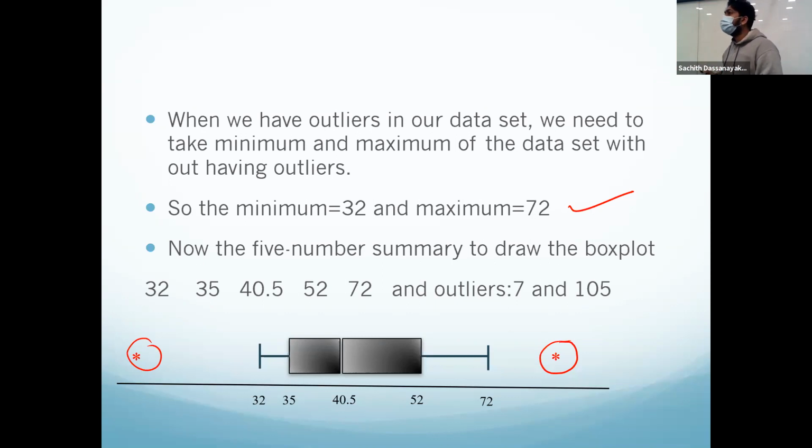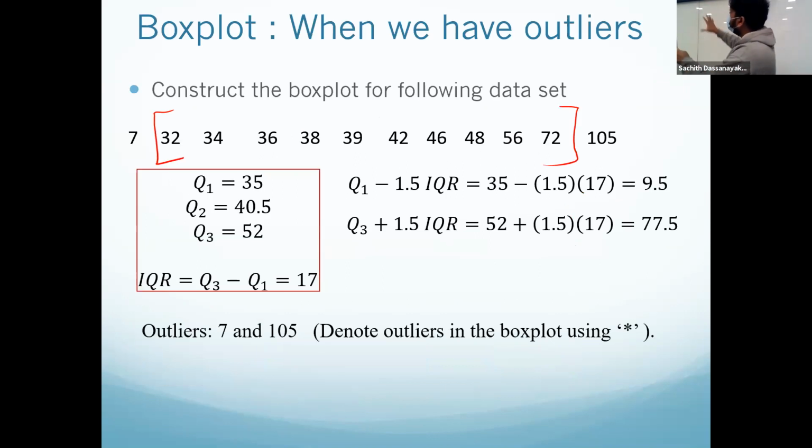Please explain one more time why 32 and 72 are the minimum and maximum, not 7 and 105. Yeah, sure. In the first place, when you check our original observations, the minimum and maximum is 7 and 105. Once you find the outliers, like here, see, our boundary values are 9.5 and 77.5, which means that's the maximum range that we can approach.